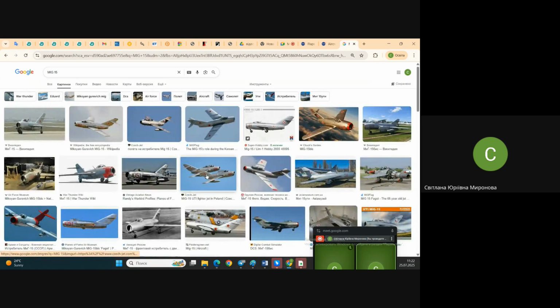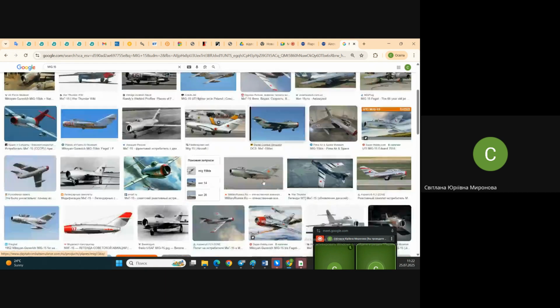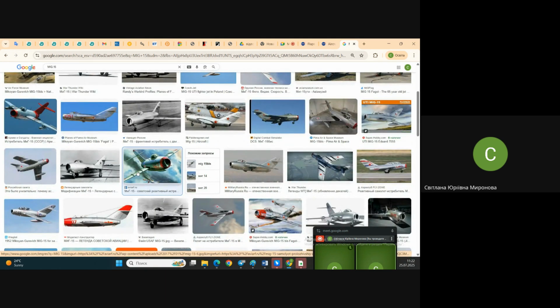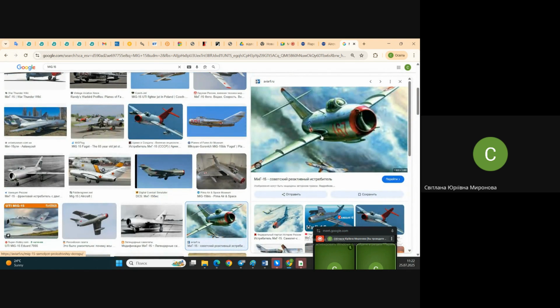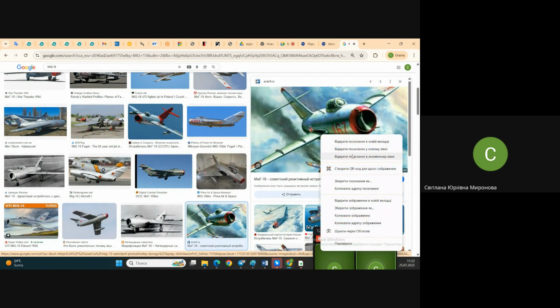What are aerodynamical fences? I hope it's visible. If not very visible, I will find a way to show you which one to take. Let's take this one. It's of course not realistic, but very beautiful.